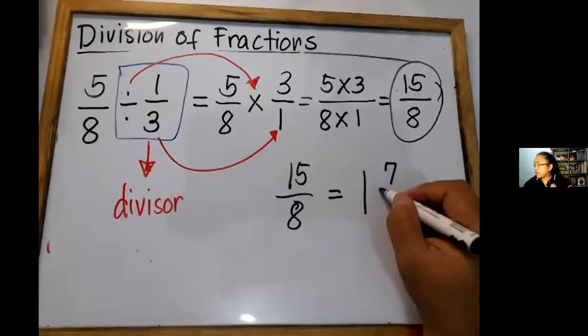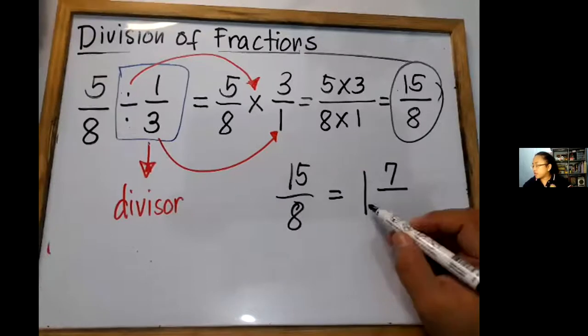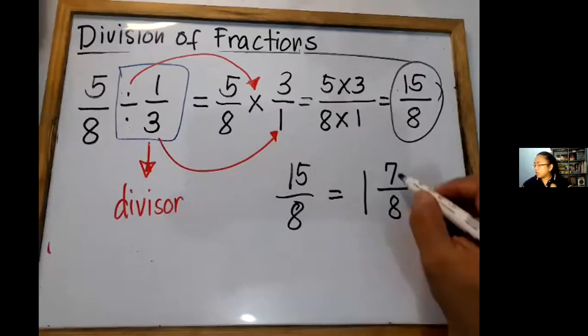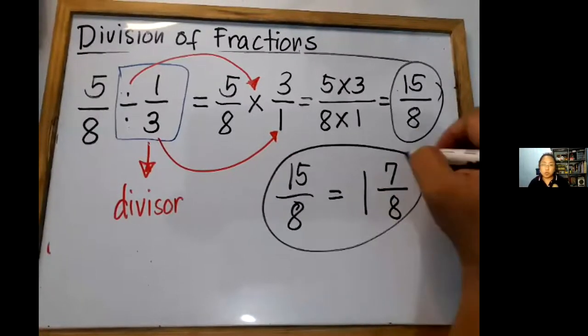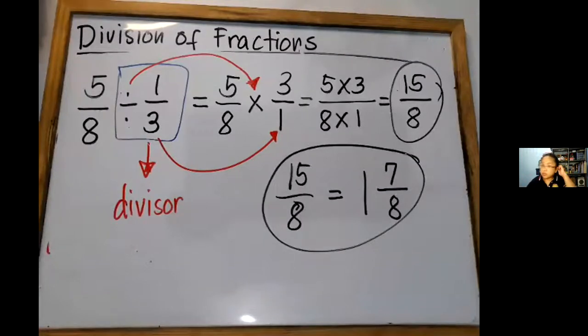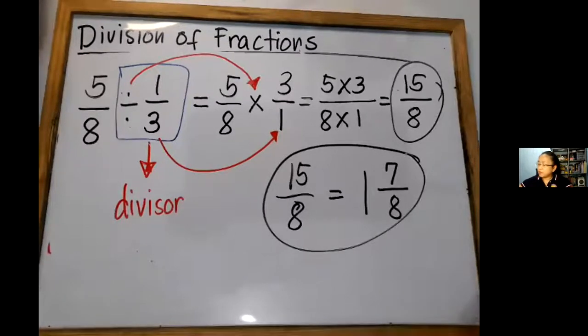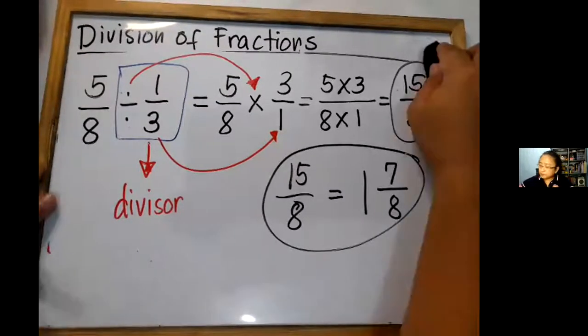So 15/8 is 1 and 7/8. Yan yung ating sagot. Either of the two will do. Kung ano yung hinihinging sagot, then you can have either. Let's have another one.